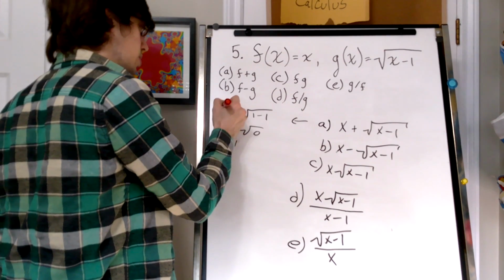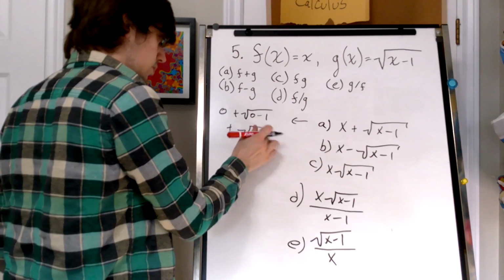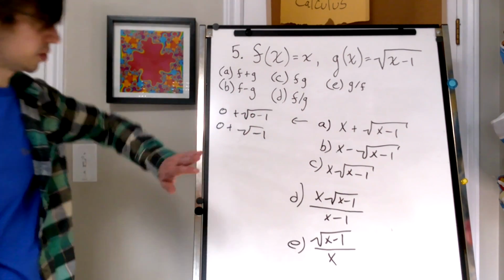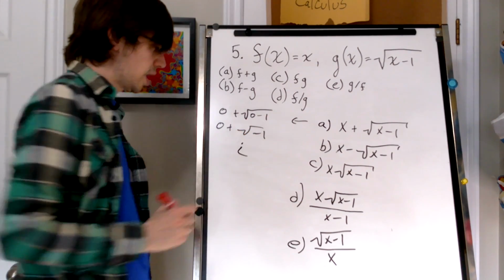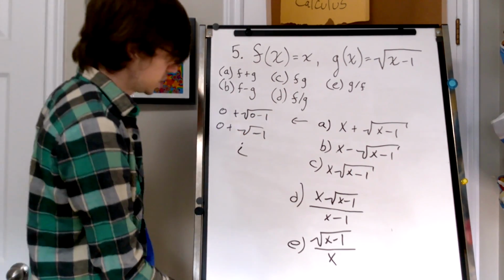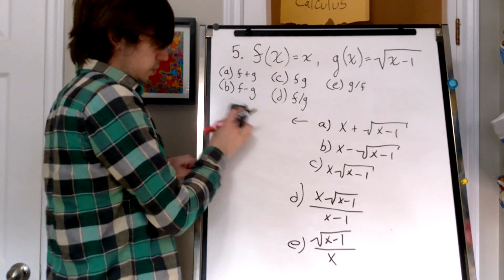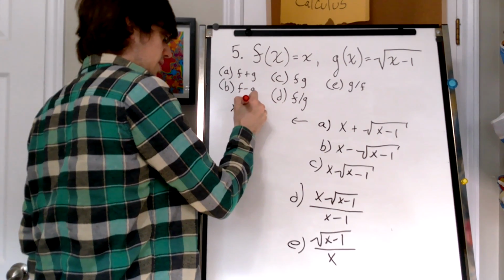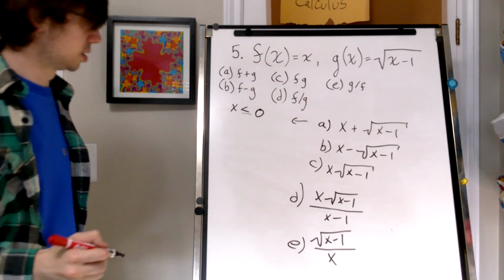If we do 0, however, 0 plus minus square root, that gives us i, complex plane. We don't deal with complex planes, not yet. So x cannot be less than or equal to 0.